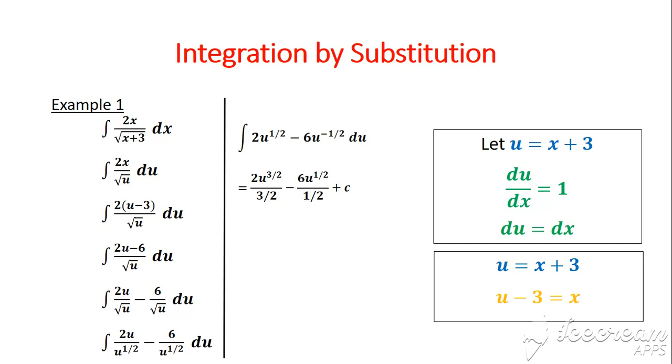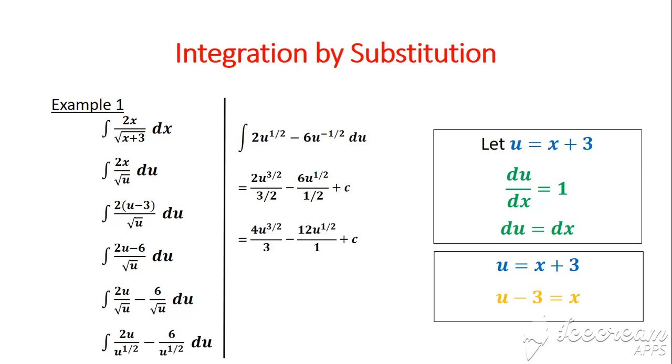Right, well finally we're ready to integrate. After all that working, we can do our integration. So let's add 1 to the power and divide by the new power. We add 1 to the power of a half to get 3 halves and divide by the new power of 3 halves. We add 1 to the power of negative a half to get a half and divide by the power of a half.